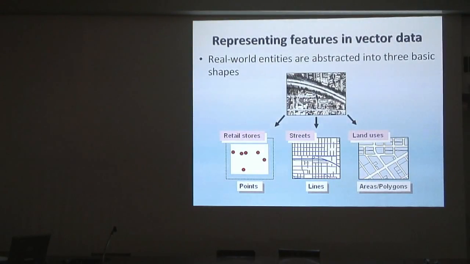Points are used for cases, for retail stores, or wells, something like that. Lines, examples could be streets or rivers or boundaries, and polygons could be districts, countries, houses on large-scale maps.